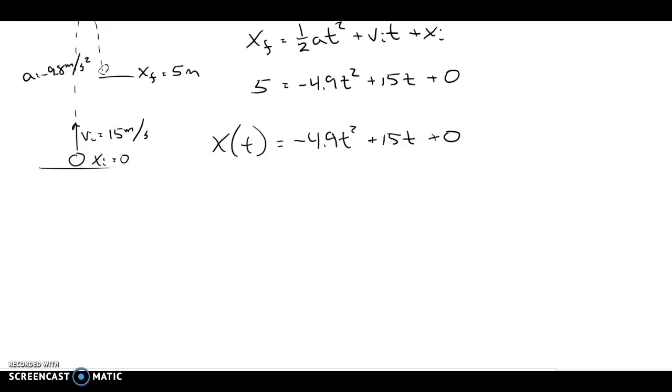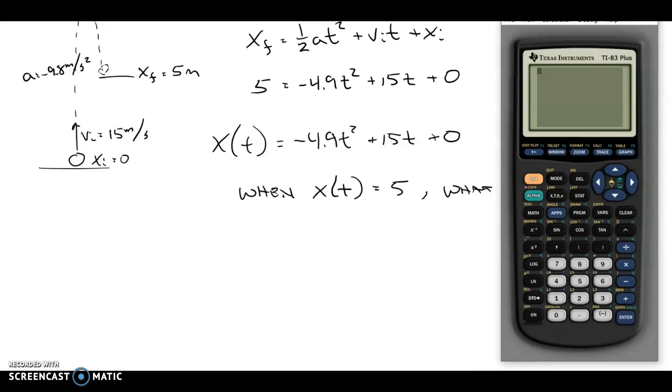So when x of t is equal to 5, what is t? One way to do this is to graph the function y equals negative 4.9 x squared plus 15x plus 0.